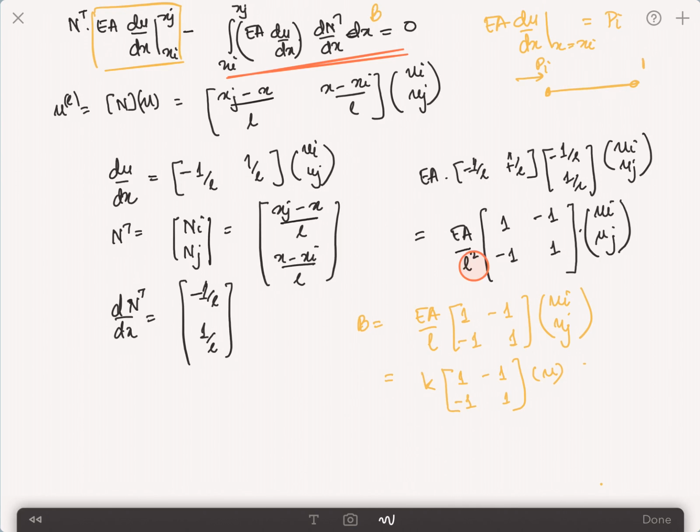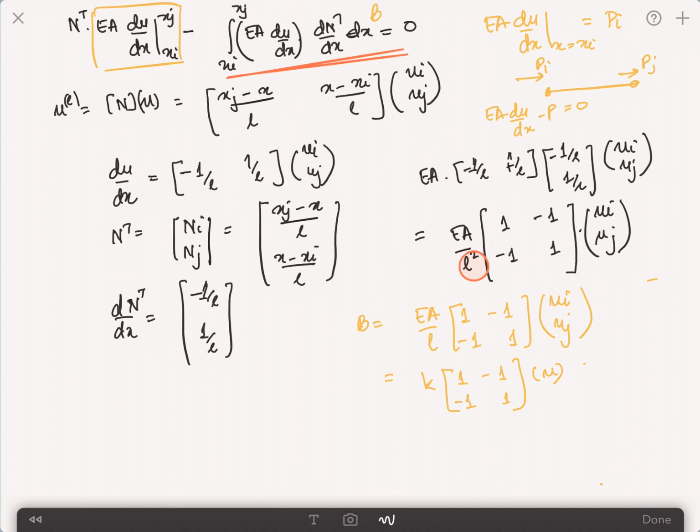So this is pi and this is pj. So if you look at the complete equation, let me write it here again, EA du dx minus p is equal to 0. So we know that at xi, p is equal to pi, and at xj, p is equal to pj. So those are basically just boundary conditions that can be put on the other side.